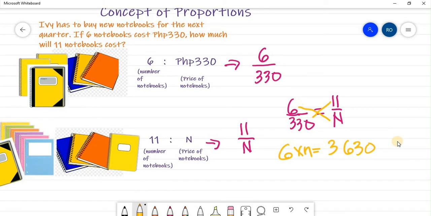Again, 6 times n is 6n, which is equal to 3,630. Now to find the value of n, divide both sides by 6. So 6n divided by 6, and also 3,630 divided by 6.